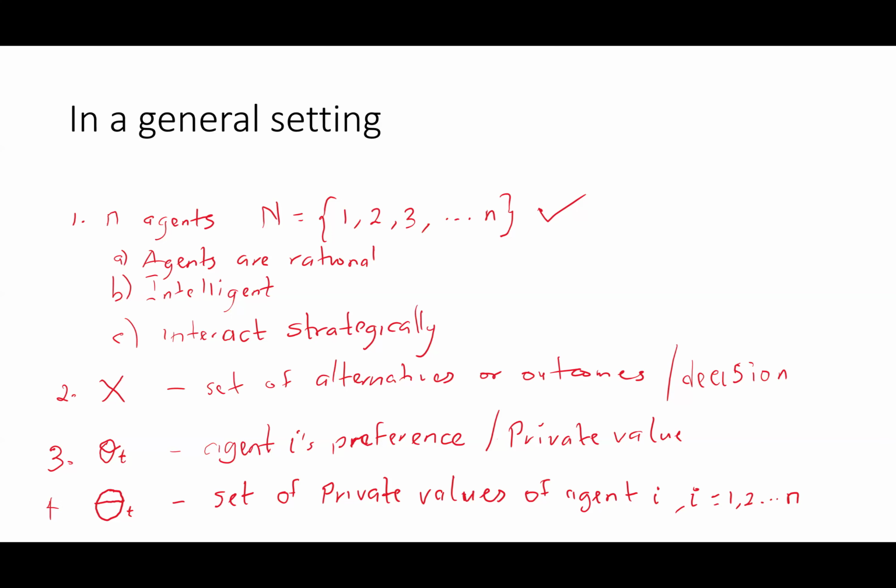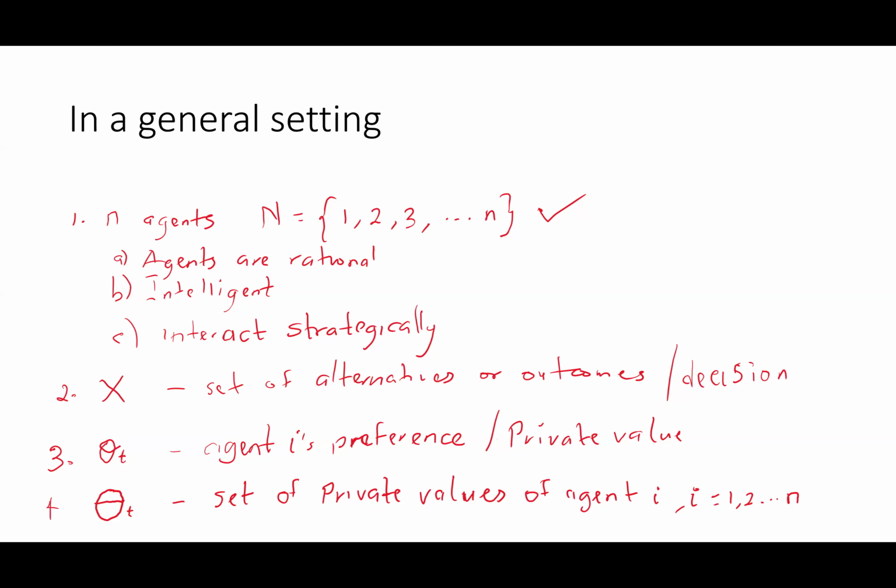Then the next point is that we have some set of outcomes or decisions for these particular agents. Every game has some set of outcomes. Now, these outcomes are based on the decisions or the actions of the agents.